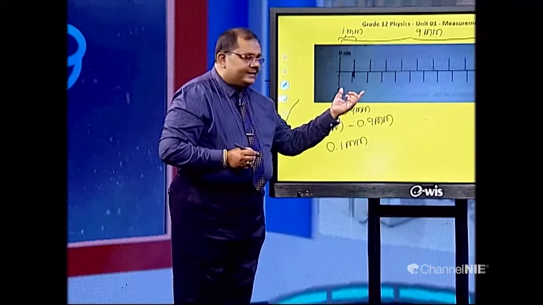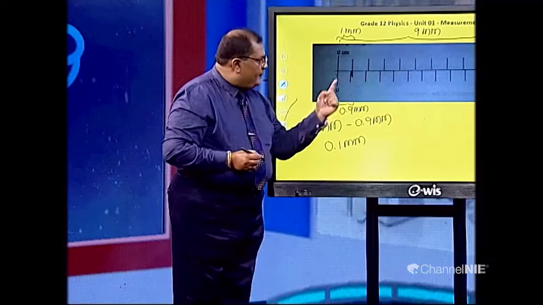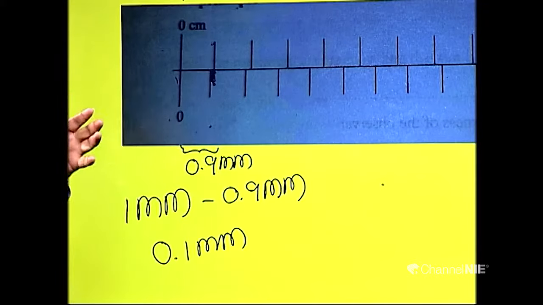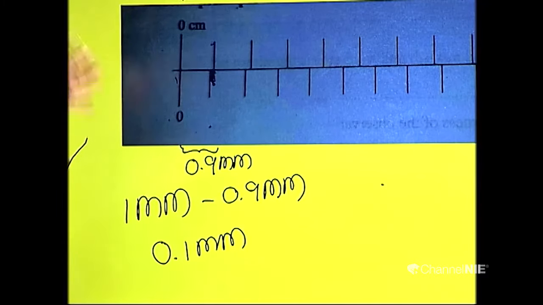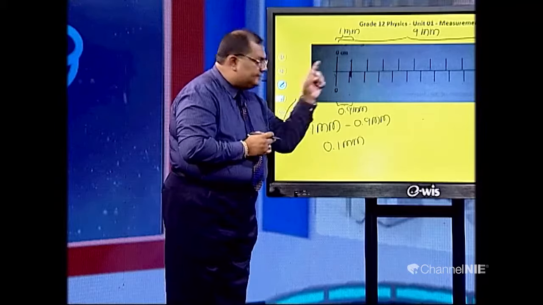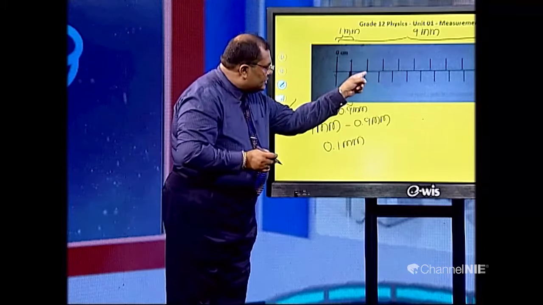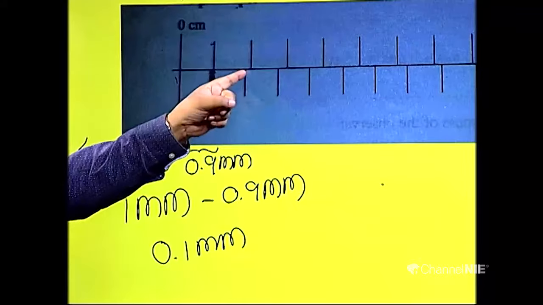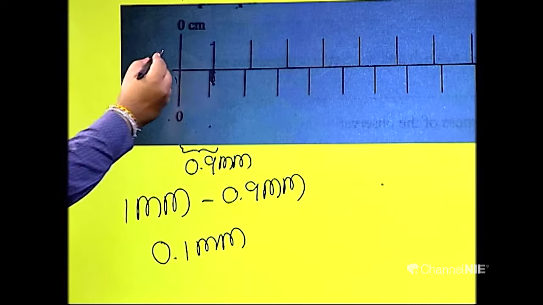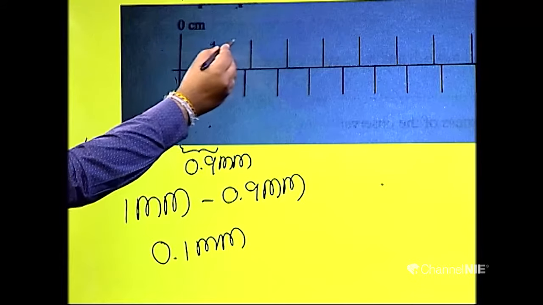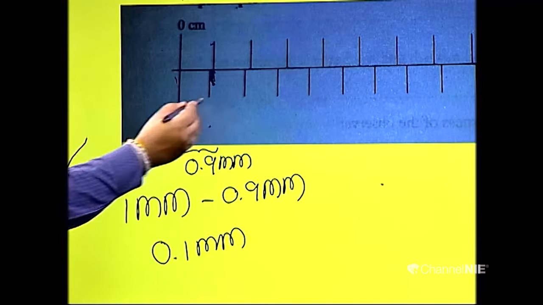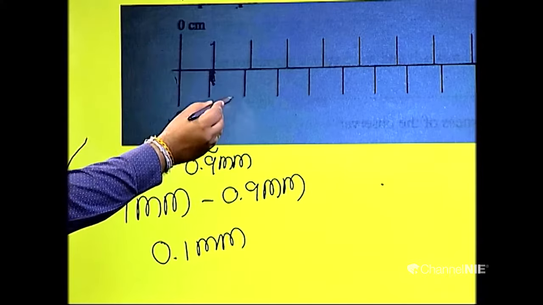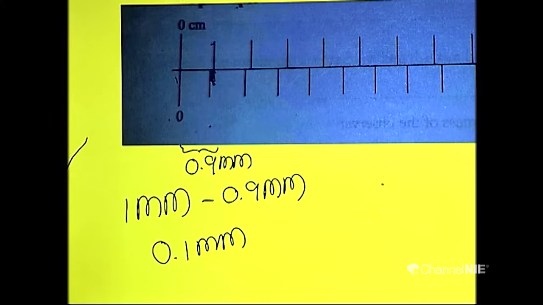If the vernier scale shifts until the first line coincides with a main scale line, then the distance travelled by the vernier relative to the main scale is 0.1. If the second division coincides, the distance travelled by the vernier is 0.2 millimeters, because here to here is 2 millimeters, and here to here is 0.9, 0.9, 1.8 millimeters. 2 millimeters minus 1.8 millimeters is 0.2 millimeters.